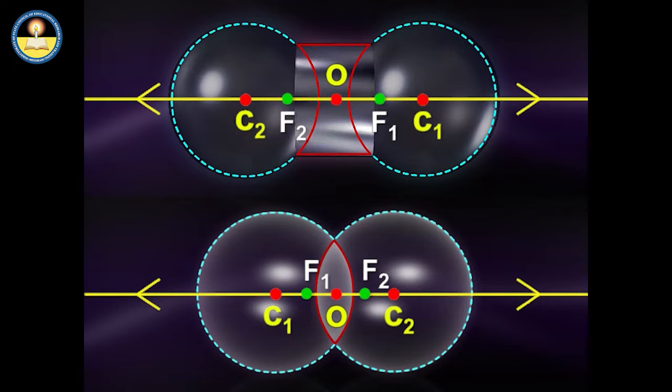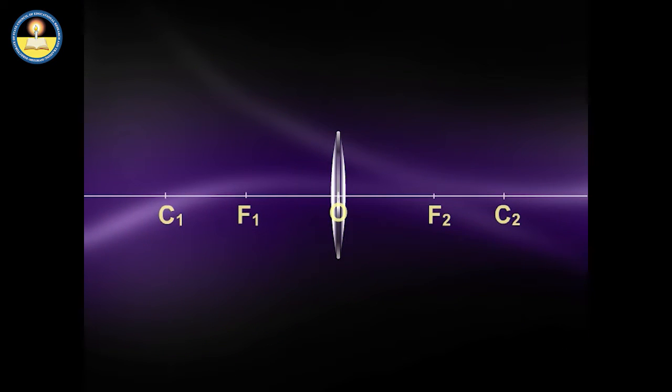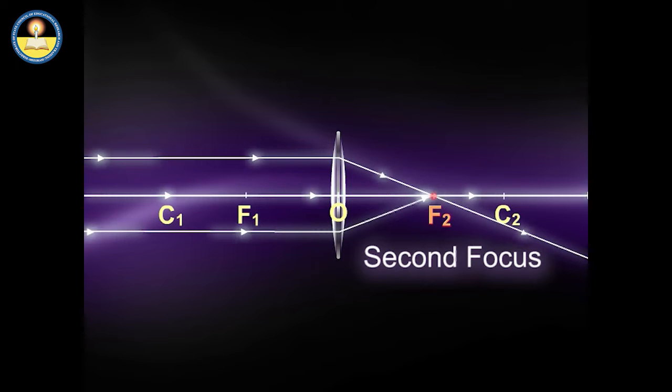Every lens has two focal points that are located on the principal axis at the midway between the optical center and the centers of curvature. In case of a convex lens, the focal point on the side of incident rays is called the first focus, and the focal point on the side of emergent rays is called the second focus.